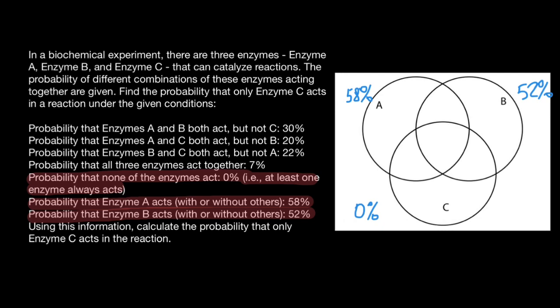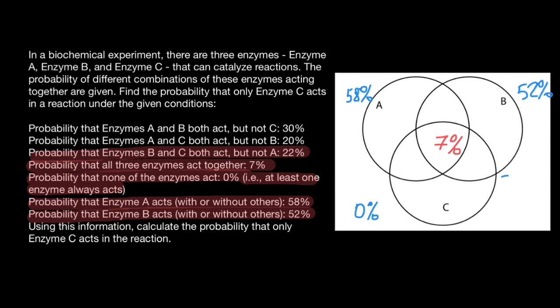Next, probability that all three enzymes would act together is 7%. So we will put this 7% here in the middle where all three circles overlap. Next, probability that enzymes B and C both act but not enzyme A is 22%.